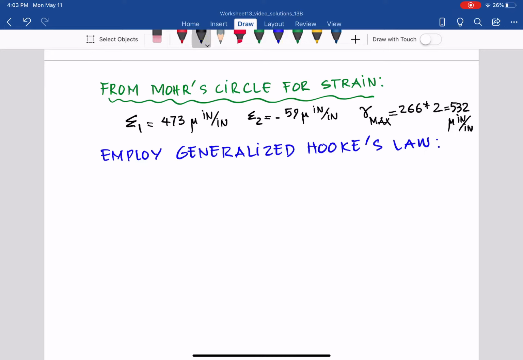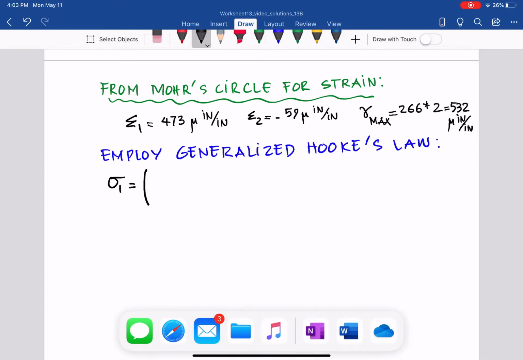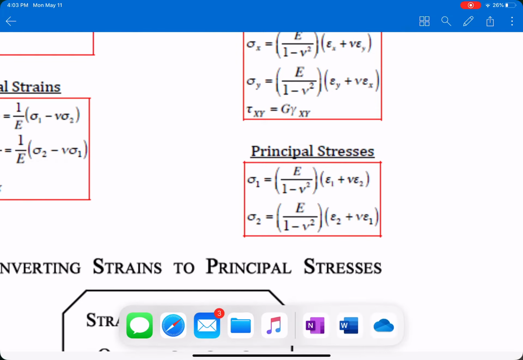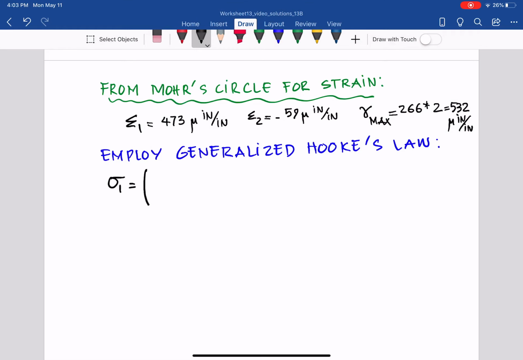So principal stresses, sigma 1 equal to the equation shown earlier that you can see here. So we can go back: E over 1 minus nu squared, and then you have epsilon 1 plus nu times epsilon 2.